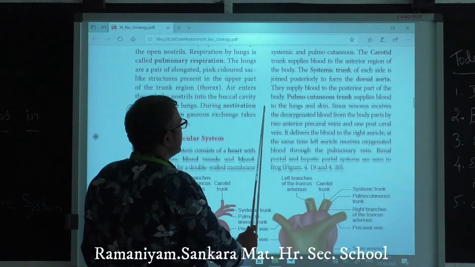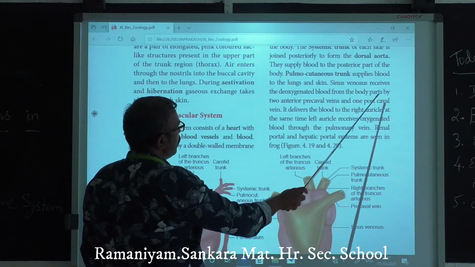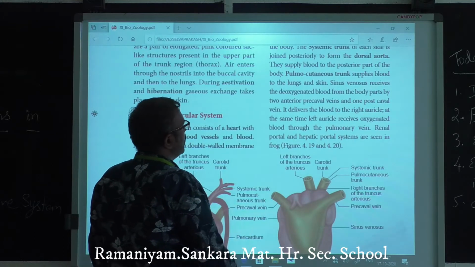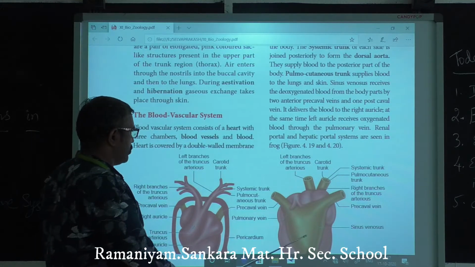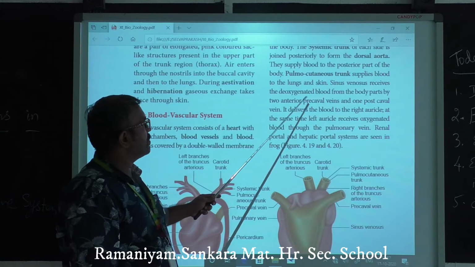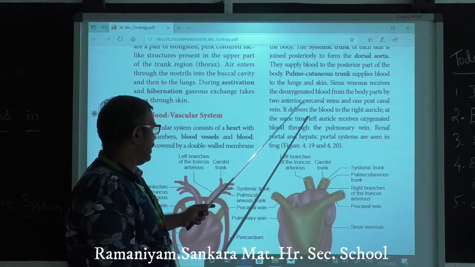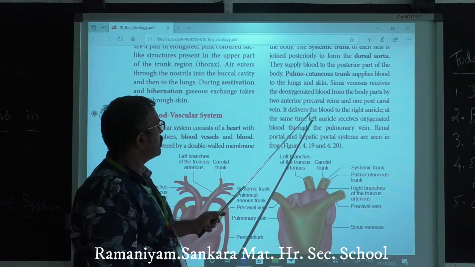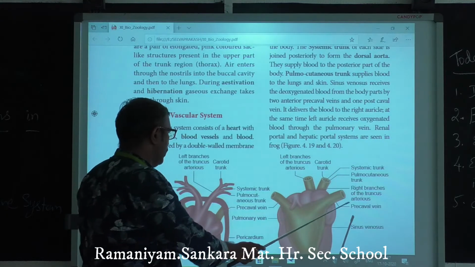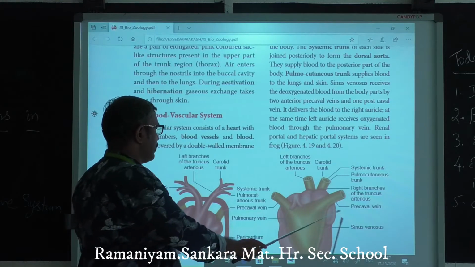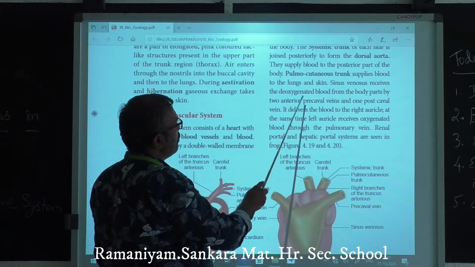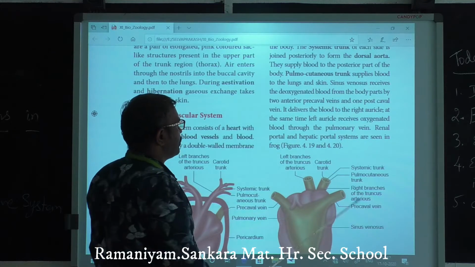The sinus venosus receives deoxygenated blood from the body parts by 2 anterior precaval veins and 1 postcaval vein.